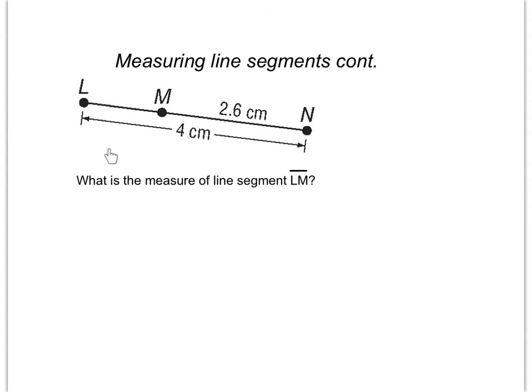Okay, you guys try this one. This time we're going to subtract. So I got M is between L and N. So therefore I now know that the measure of LN minus the measure of MN is equal to the measure of LM.